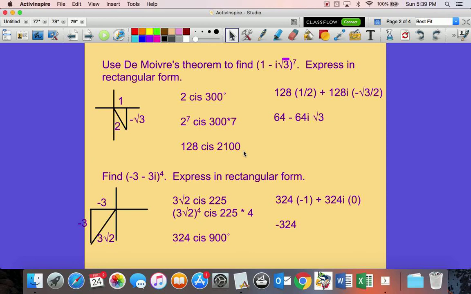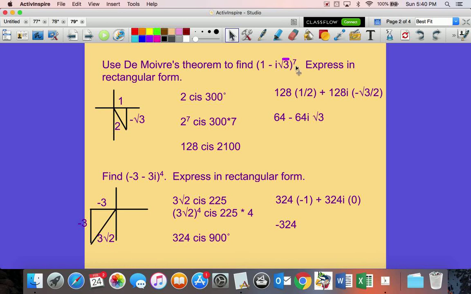Well, 2100, we need to get that down between 0 and 360. If we take 360 times 5, we get 1800. So if we subtract 1800 from that 2100, we end up with 300 again, which would give us this exact same triangle. This is one of the rare cases where this would actually happen.